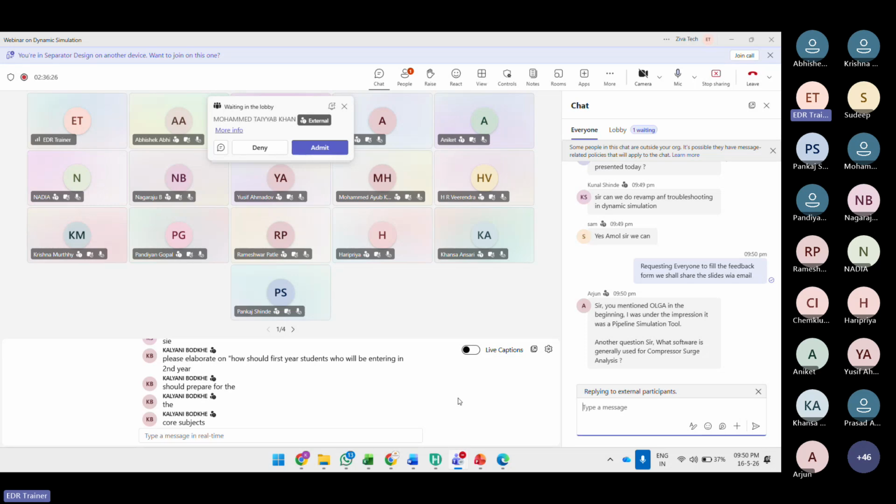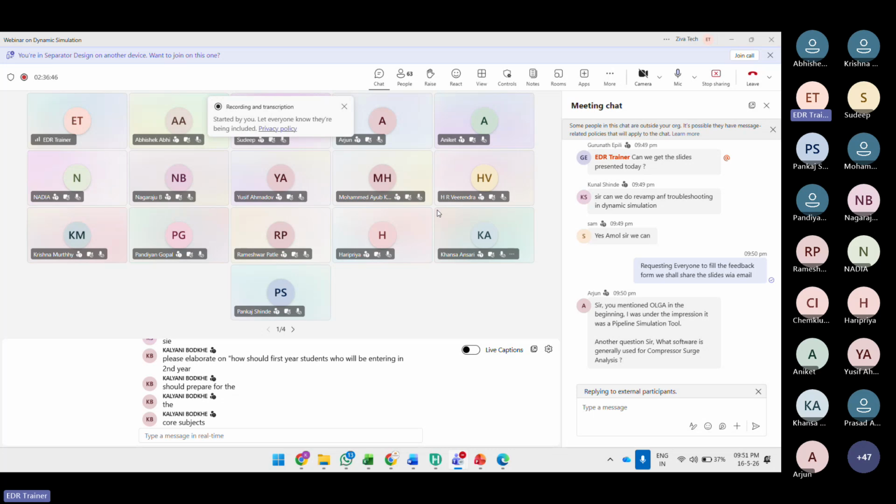In Aspen Plus, you have to develop the entire model, and it will not solve by itself. Then you have to give a command, and it will solve all the unit operations one by one. That is the only difference. Apart from that, the principles are exactly the same whether you use Aspen HYSYS or Aspen Plus.